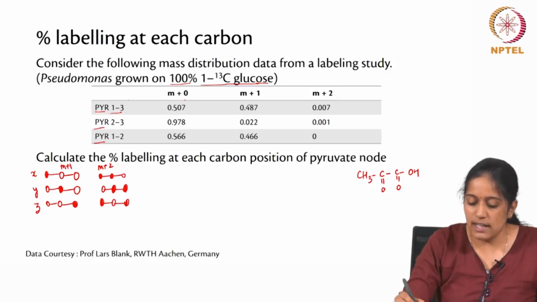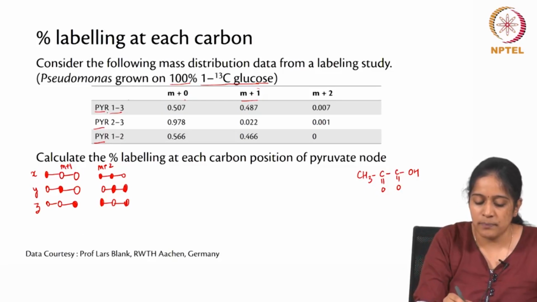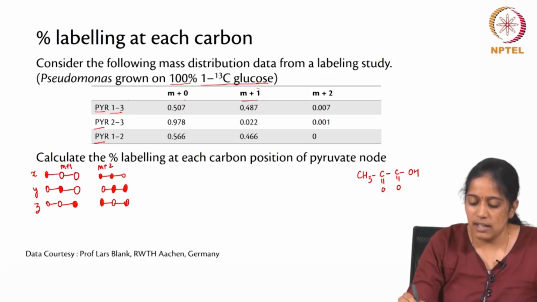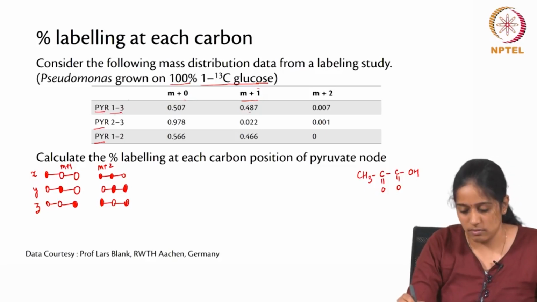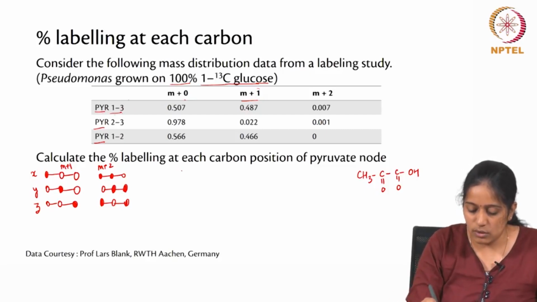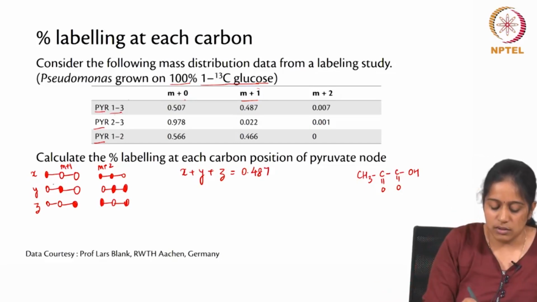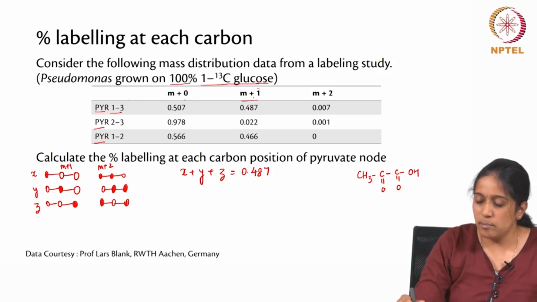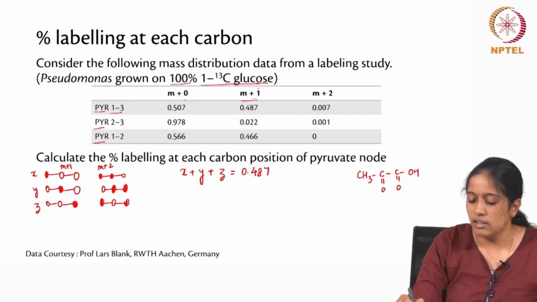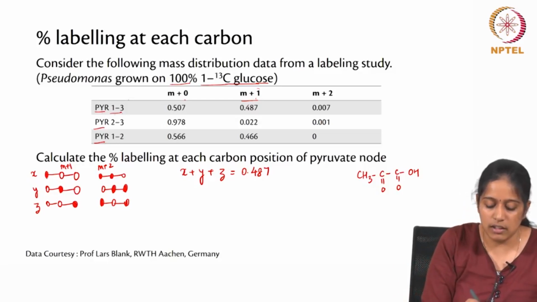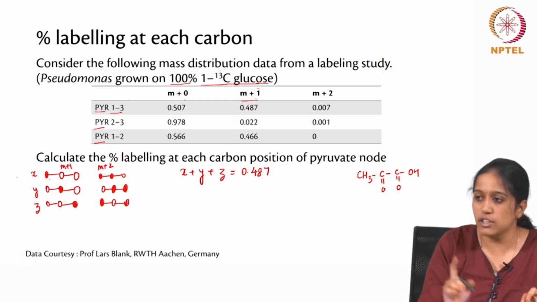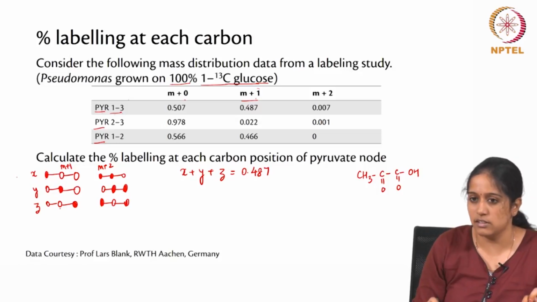If you take a look at this data at m plus 1, you can see that pyruvate from 1 to 3 has a mass distribution of 0.487. So, I write a simple algebraic equation: x plus y plus z is 0.487. This is because m plus 1 is the fragment which has at least one carbon labeled. Here x is the fragment where the first position is labeled, y is this and z is this, right.